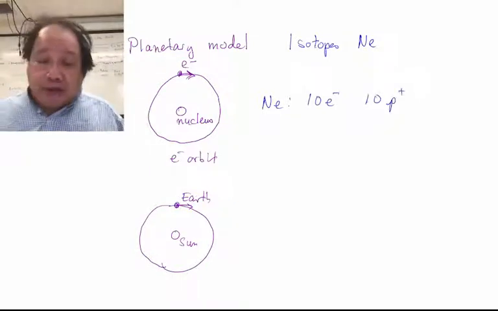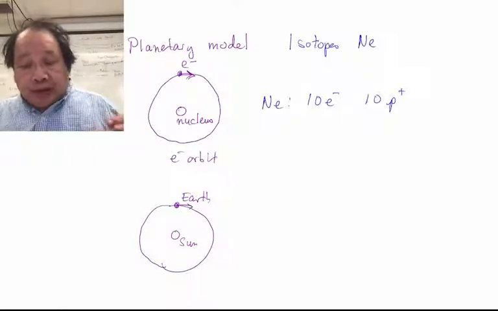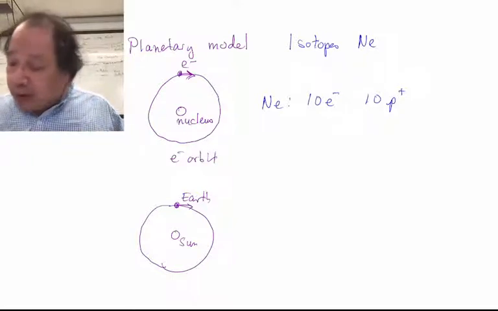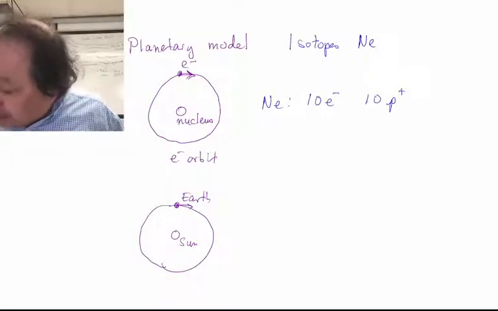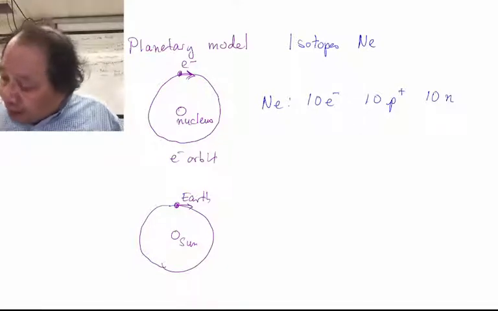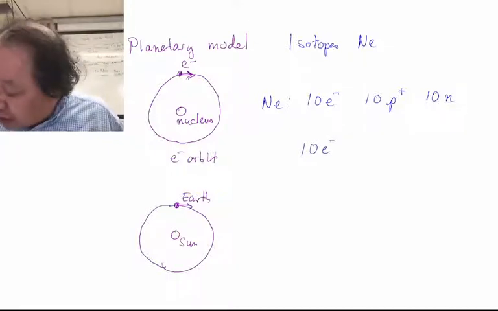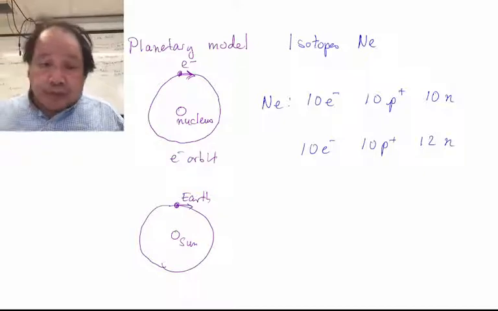All neons have that. But in the mass spectrometry experiment, the neon plus is divided into two beams. It turns out that some of the neons have 10 neutrons, and there are others that have 10 electrons and 10 protons, and they have 12 neutrons.